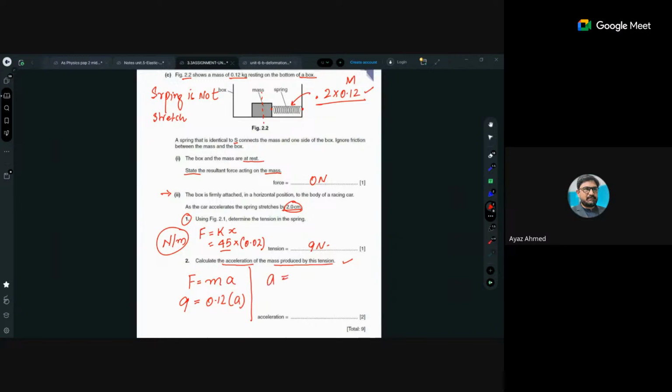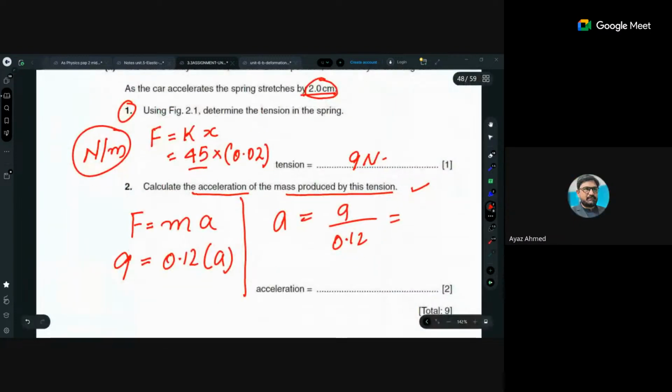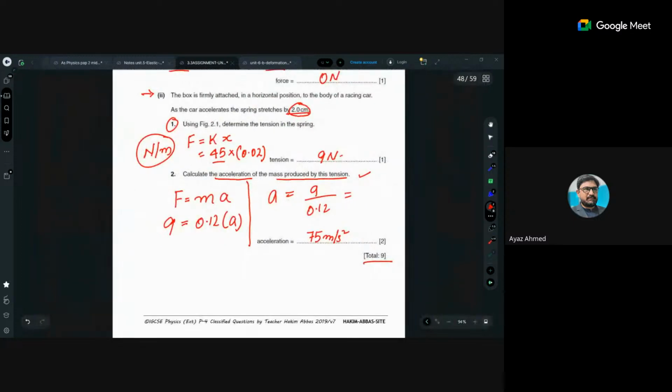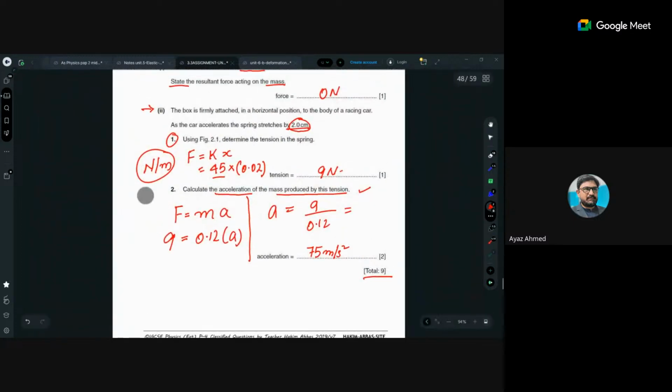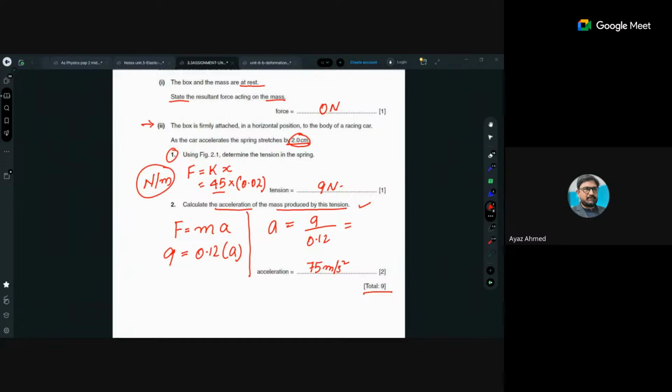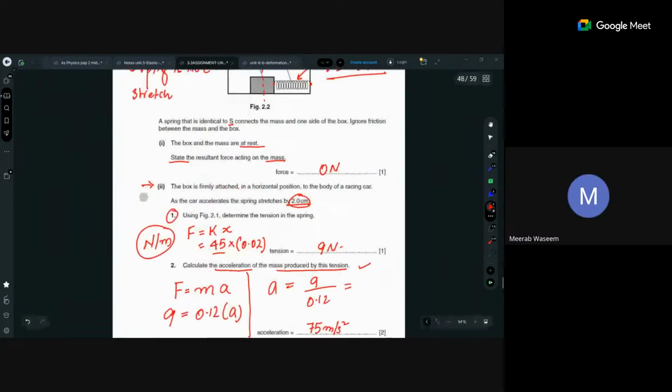So acceleration is 9 divided by 0.12. 75 meter per second square. Very good. So this was a 9-mark question, as I have explained to you. Is this clear to all of you? Yes, sir.